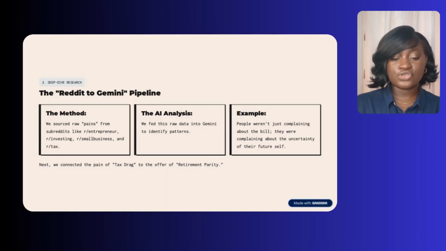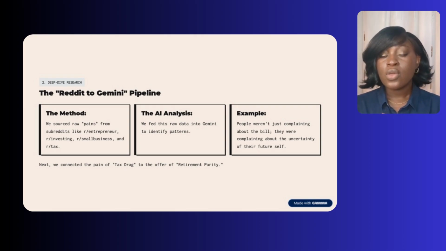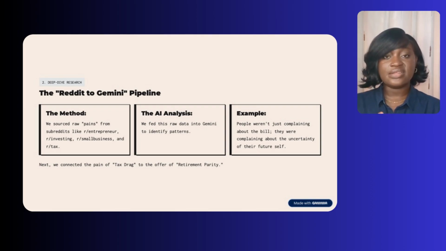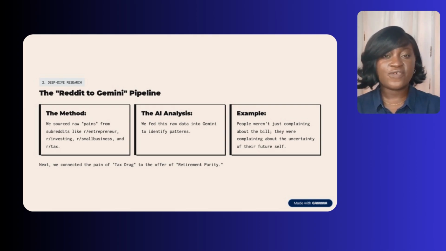We put all of this instruction into the LLM, and one of the insights we got was that people weren't just complaining about the tax bill they were getting every month. They were also in a dilemma and uncertain about their future. With further research, we also saw that a lot of freelancers and digital entrepreneurs tend to work longer than their 9 to 5 counterparts.